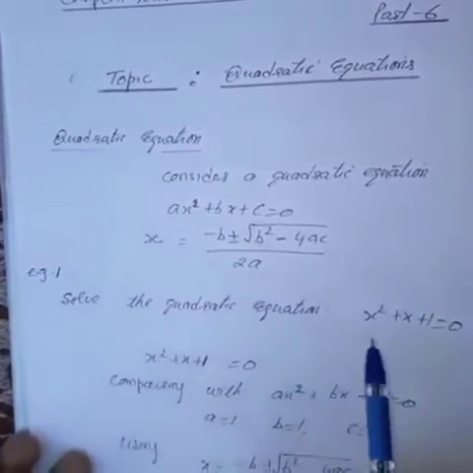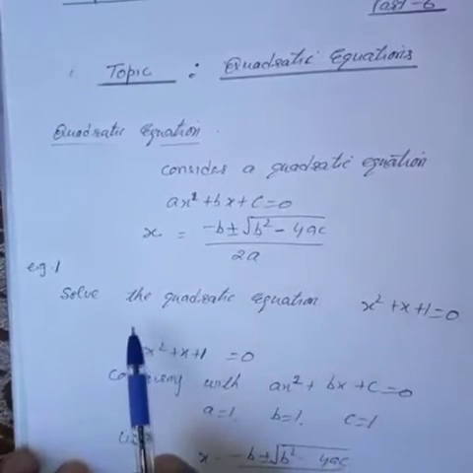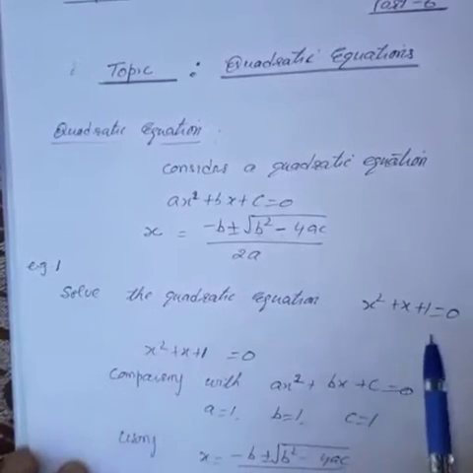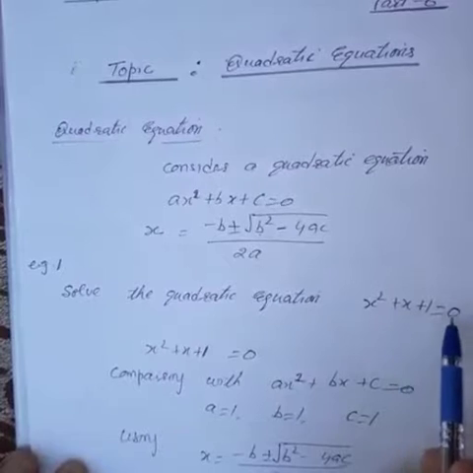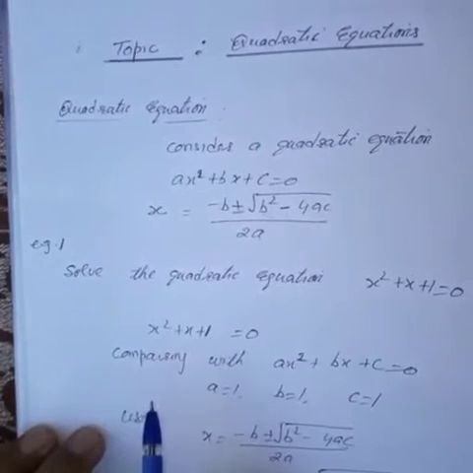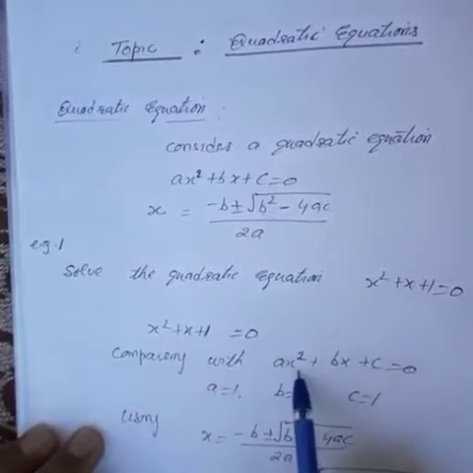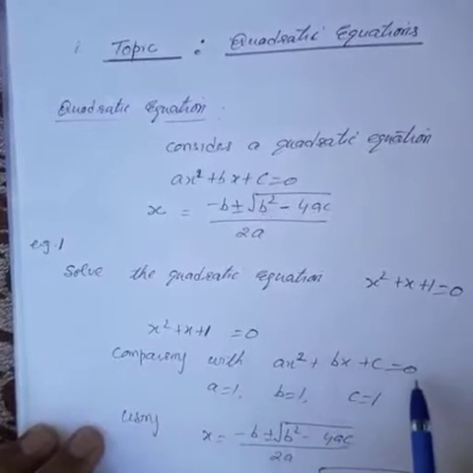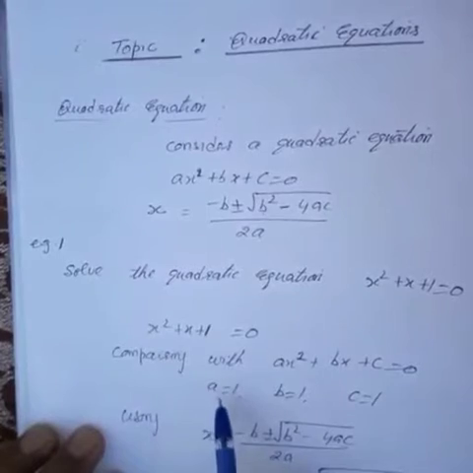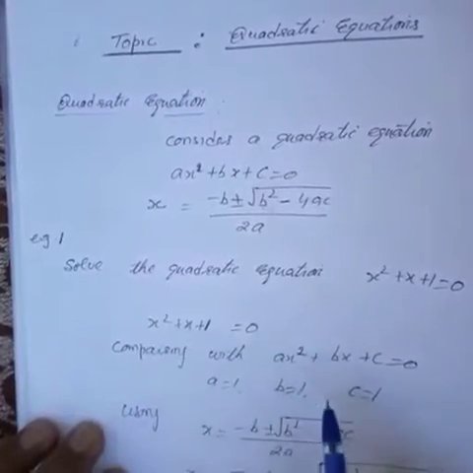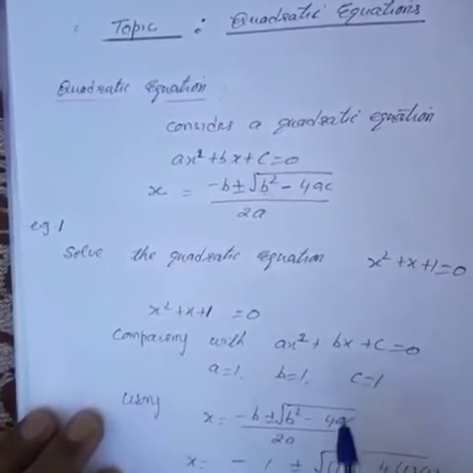So you can consider an example. Solve the quadratic equation x square plus x plus 1 is equal to 0. This is a quadratic equation. So you compare this quadratic with ax square plus bx plus c is equal to 0, and after comparing, the value of a, b and c, all are equal to 1.